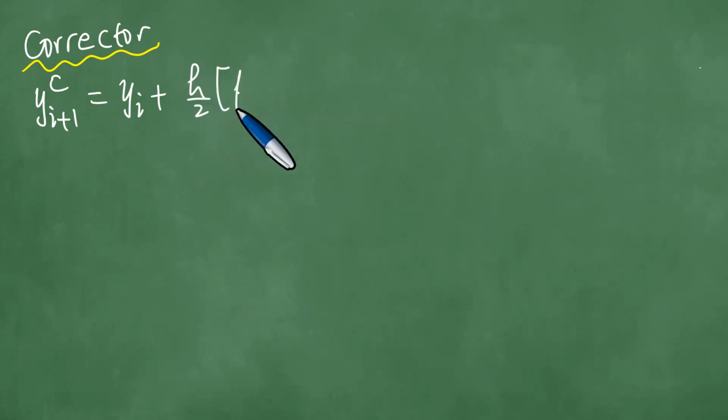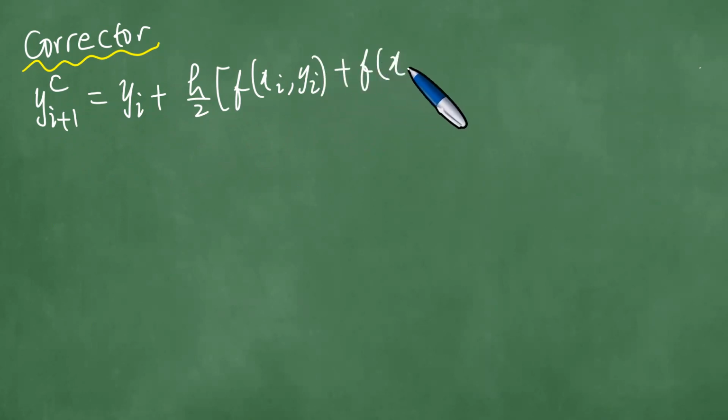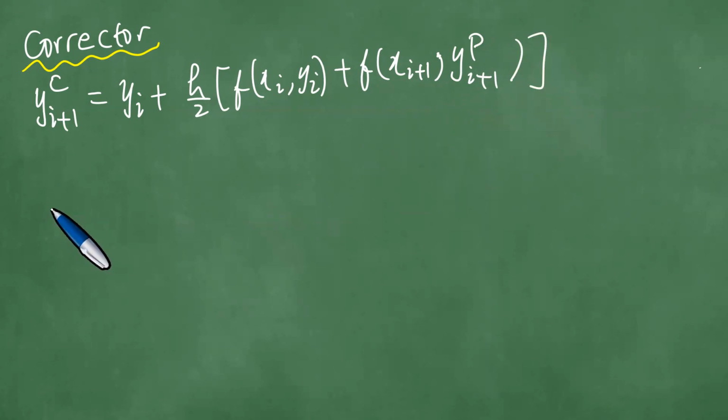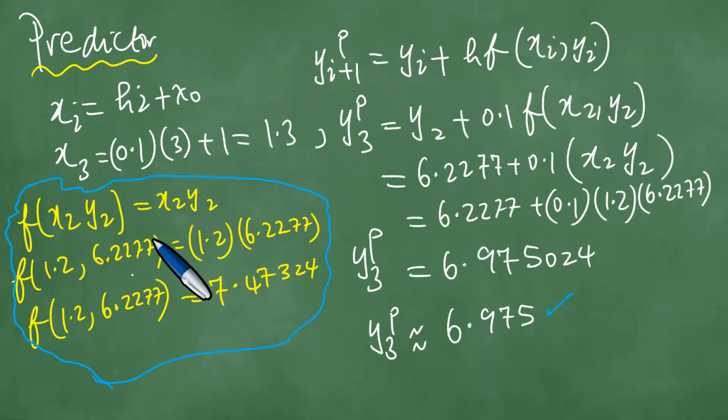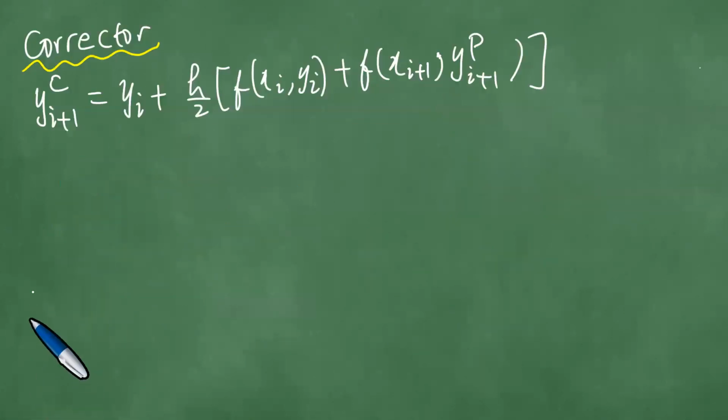After I've written this formula, we'll see what we need to substitute into the formula so that we gather it from the previous calculations. So you have x i plus 1, because then you get a little bit mixed up here. Now because we had got the x3 here, we're looking for the y3 corrector.